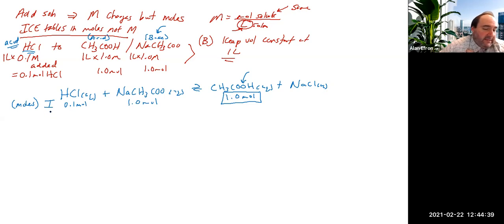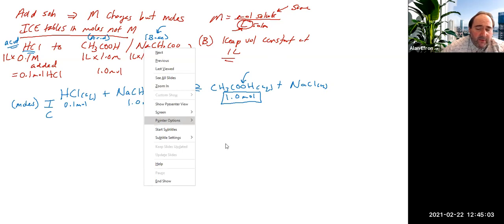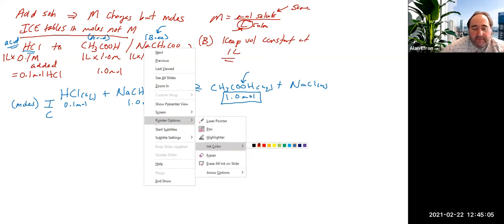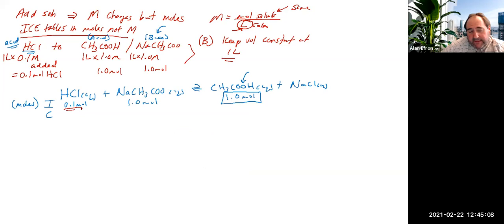The other difference is that normally when we get to the change part, we use X because we're not really sure what the change is. But in this particular case, we know what the change should be. Because this is a buffer, pretty much when I add my HCl to it, the buffer should use up all my HCl. So instead of using an X here, we will actually use the number, because all of this HCl that we added to this buffer should get used up.